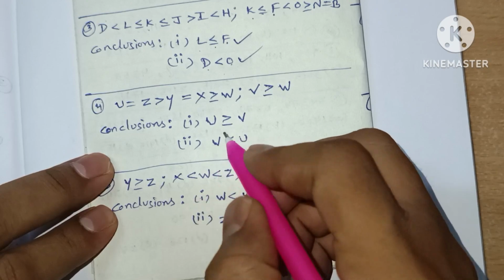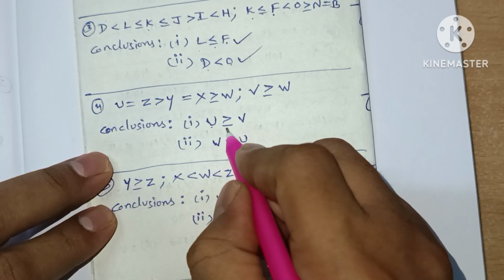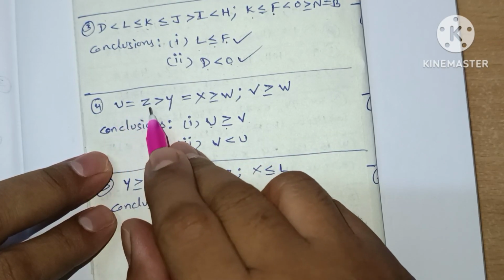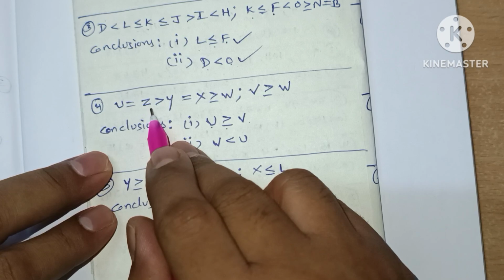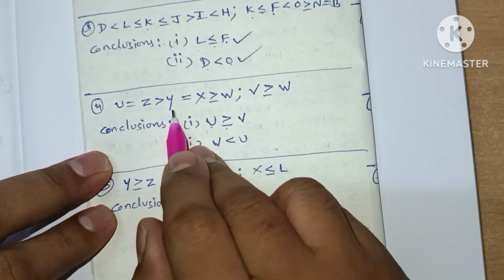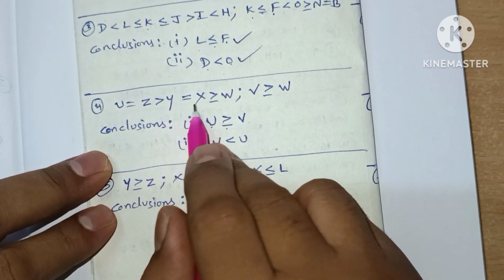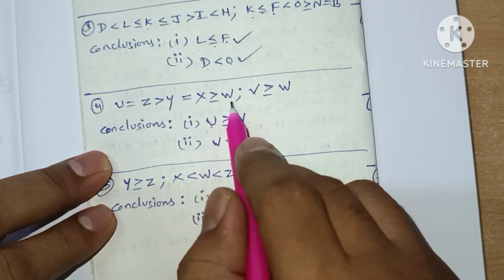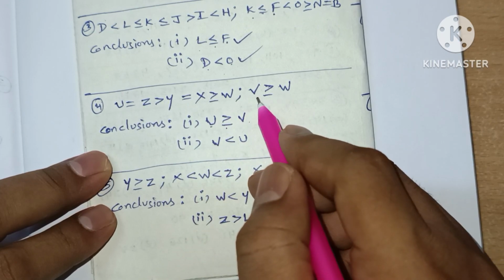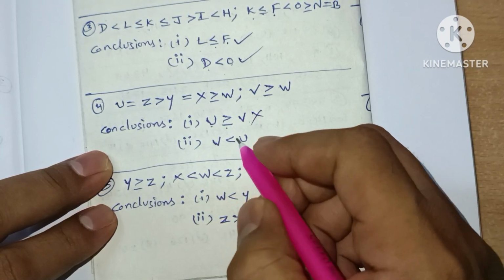Fourth question, U to V with everywhere equal to also. From U we can go to Z, from Z we can go to Y, X, W, from W we cannot move to V, so this case fails.